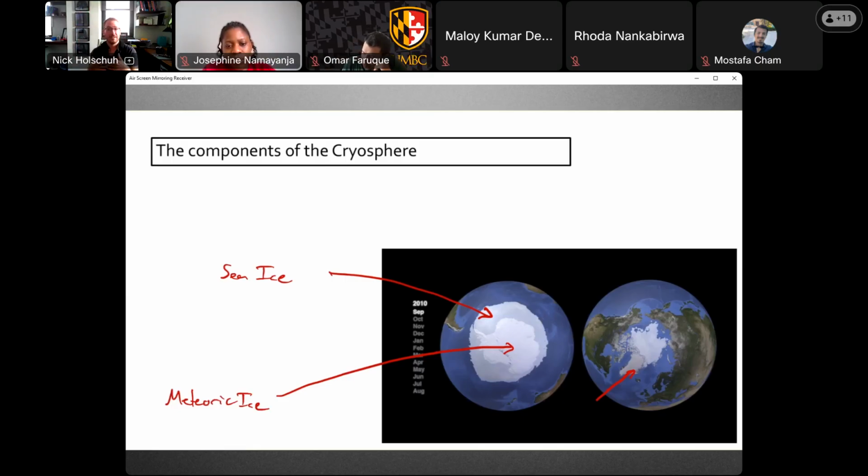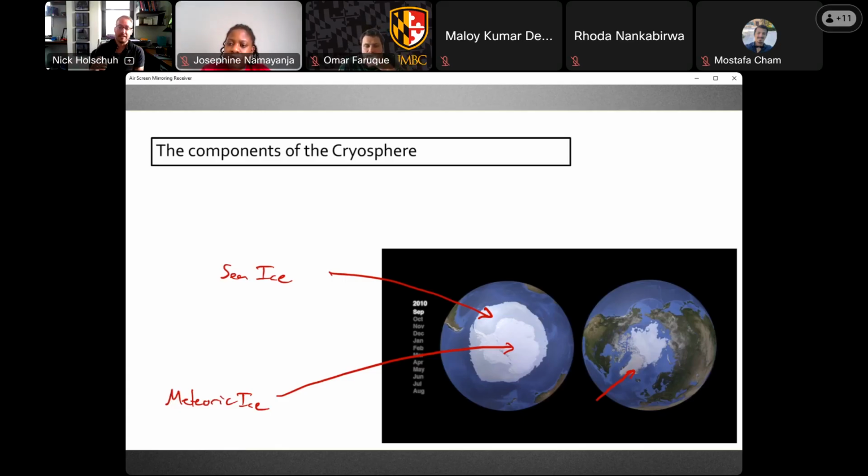Sea ice changes on very short timescales. It changes seasonally. You could see the growth and decay of sea ice over winter and summer seasons. The longest lived sea ice on Earth, the oldest sea ice you can find, is less than about 10 years old. Land ice, by contrast, is much less variable on annual timescales, and land ice is as much as a million or more years old in some places in Antarctica.